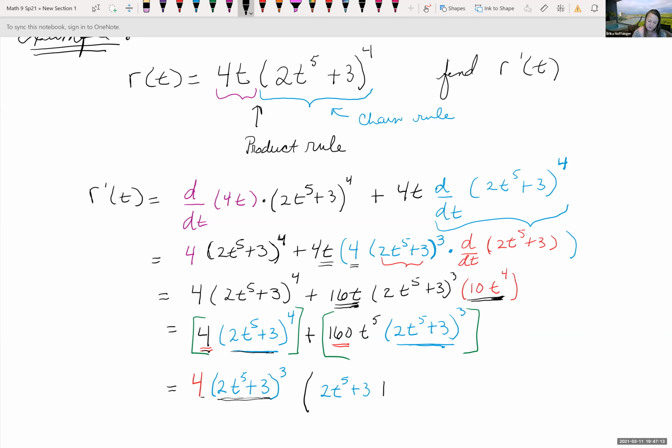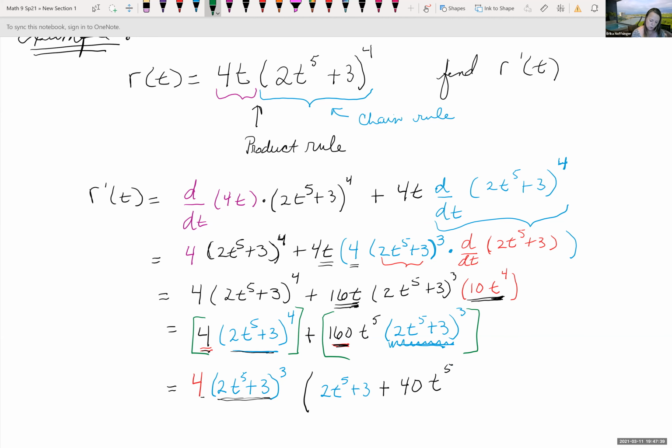Plus, now if I pull out a 4 from 160, well, 4 times 40 will give me 160, so that would be a 40. I didn't pull out any t's, so I still have that t to the fifth. And I pulled out 3 of these parentheses, so I don't have any left.